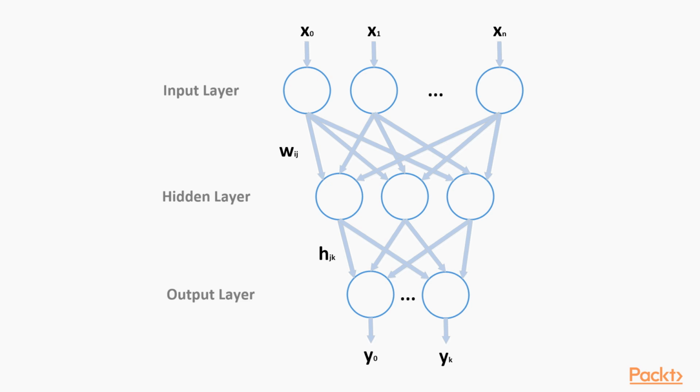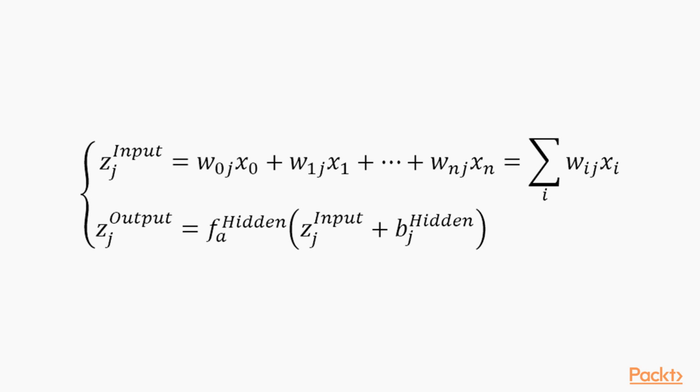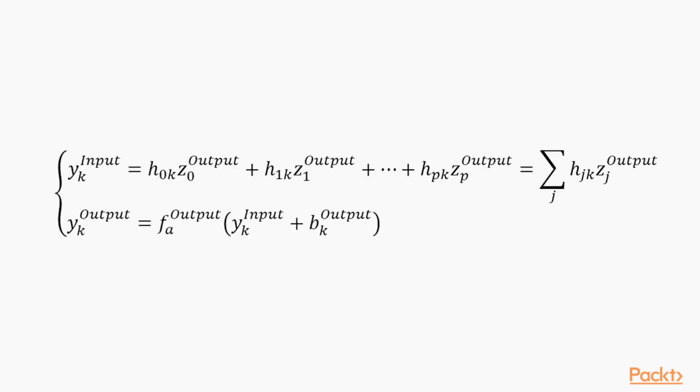As you can see, every neuron is connected to all the neurons belonging to the next layer, and now we have 2 weight matrices, W equals Wij and H equals Hjk, using the convention that the first index is referred to the previous layer and the second to the following one. Therefore, this is the net input to each hidden neuron and the corresponding output. In the same way, we can compute the network output.